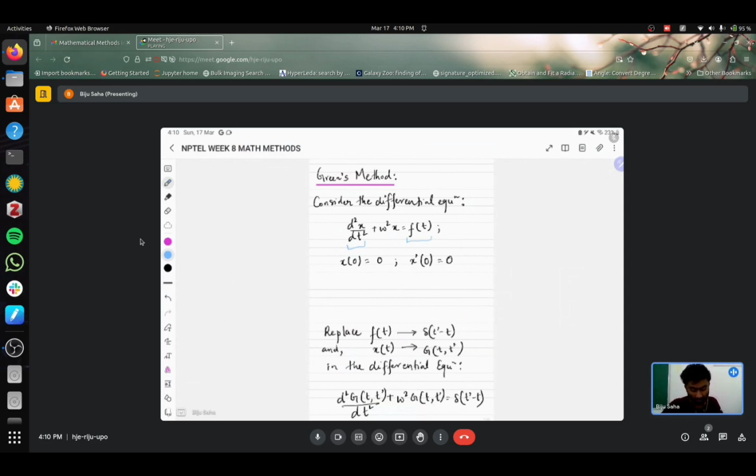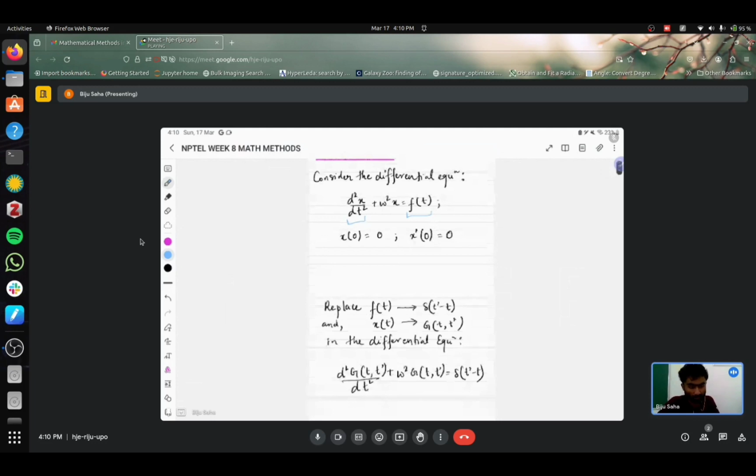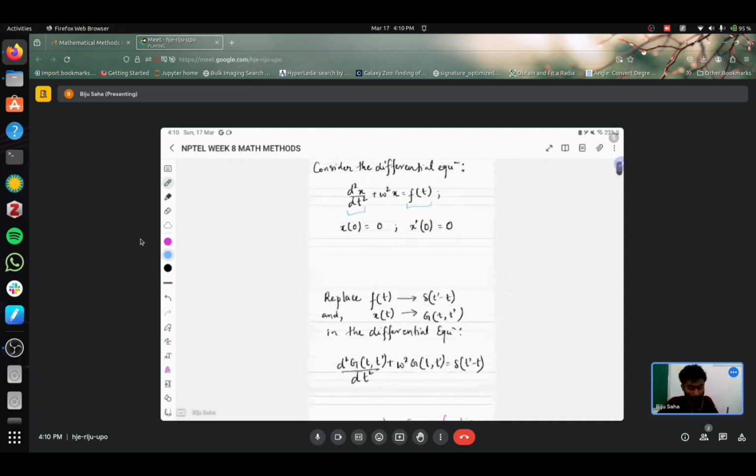Basically in Green's method we have considered the differential equation d square x by dt square plus omega square x equal to f, which is a function of t. And there are two initial conditions: at t equal to 0, the value of x is equal to 0, and at t equal to 0, the first order derivative of x is equal to 0.